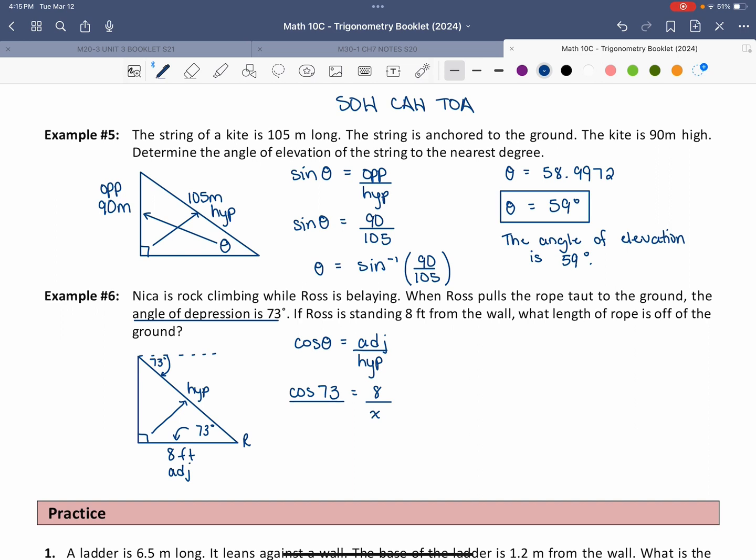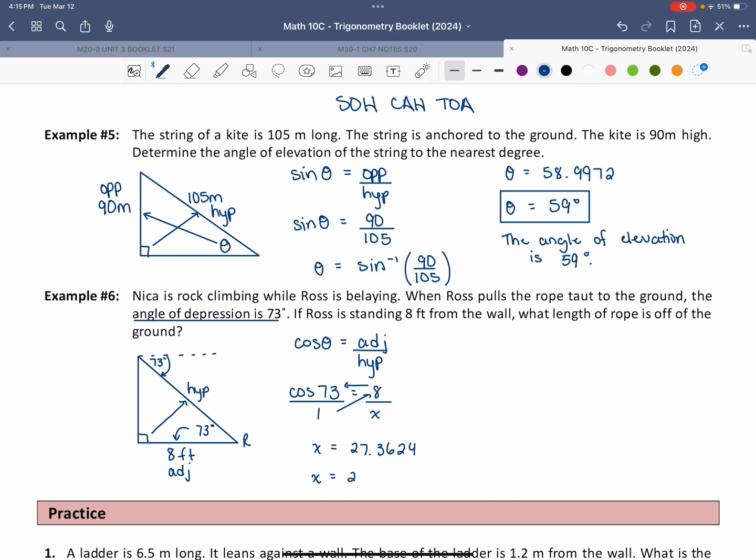Put a 1 under the trig function, and then cross multiply and divide. 1 times 8 divided by cos 73, which gives me 27.3624. And it doesn't say where to round to, but for side lengths, we typically do the tenths place.